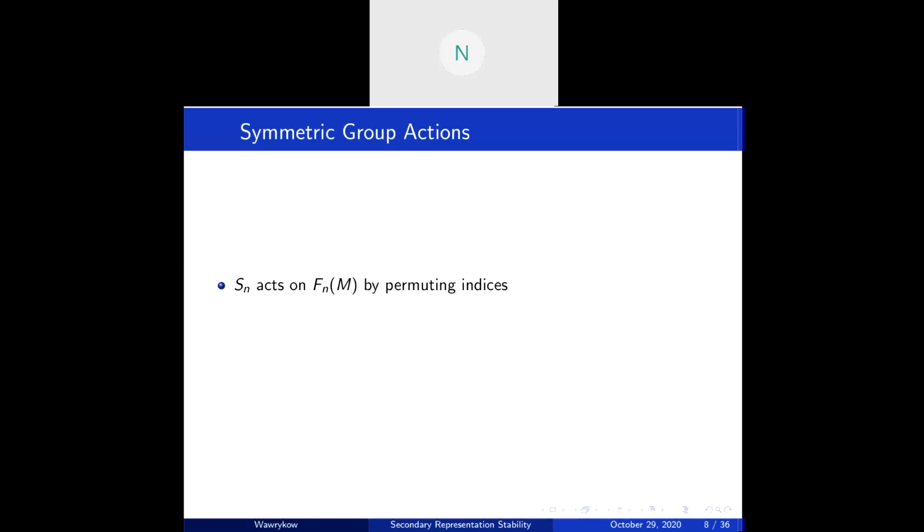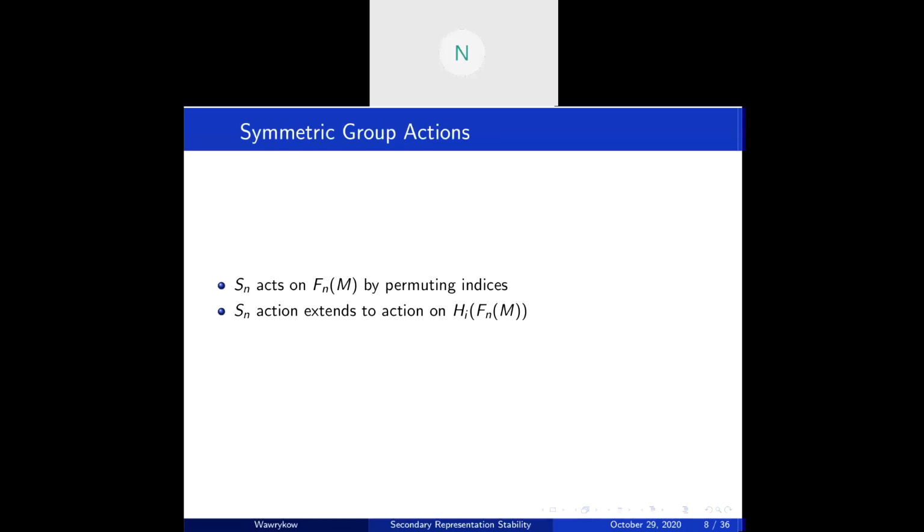And so what can we say? S_n, the symmetric group on n letters, is going to act on F_n by permuting the indices. So S_2 acting on F_2 just changes the coordinates (x1, x2) to (x2, x1).